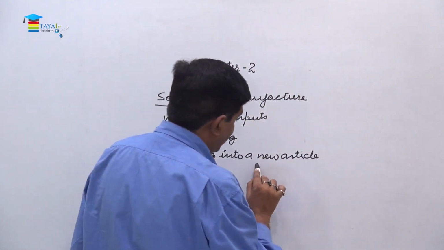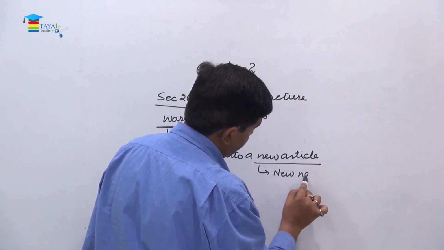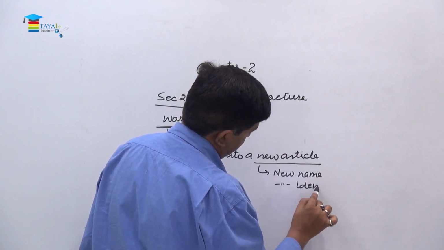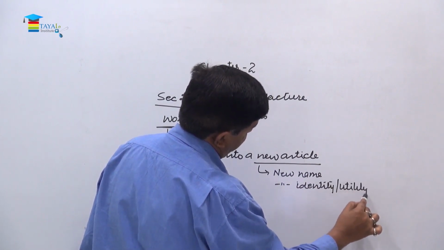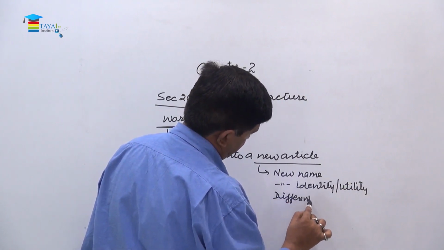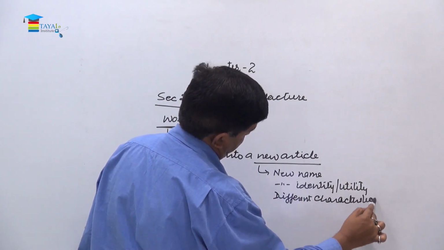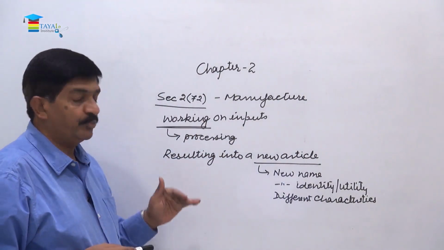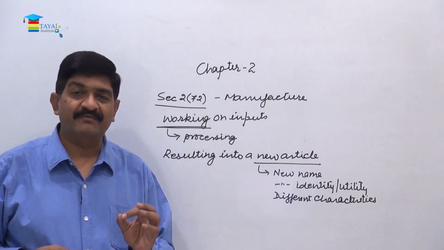A new article means new name, new identity, utility, and different characteristics. So whenever any processing is done on the inputs and the result of that process is this, then it is a manufacture.